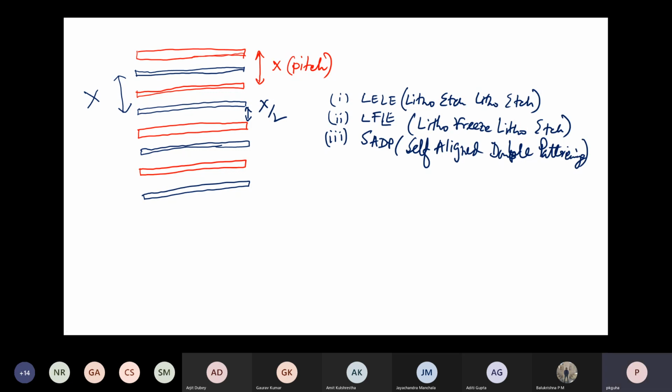So these are different techniques of double pattern lithography where all I am trying to do is allow double pitch density.